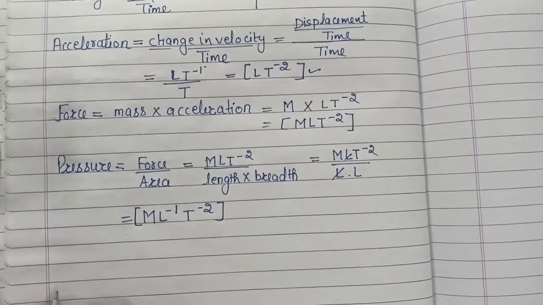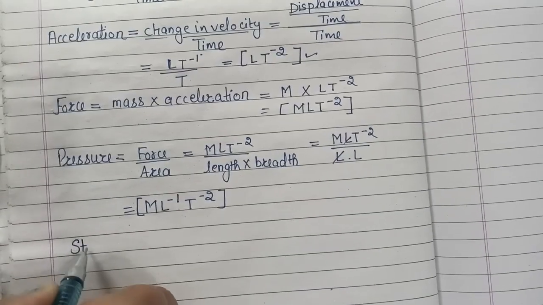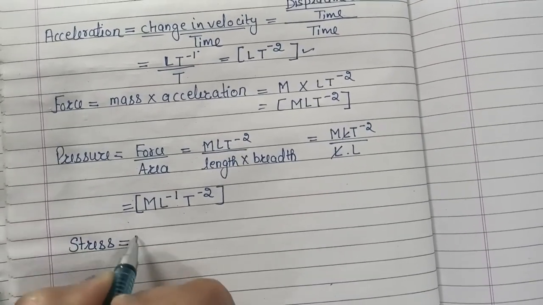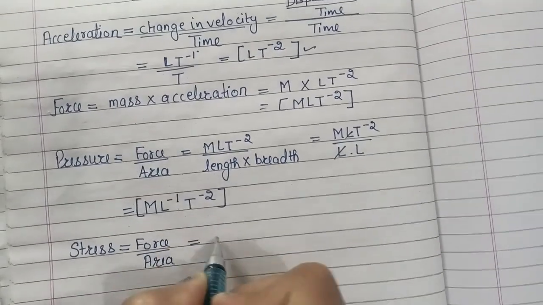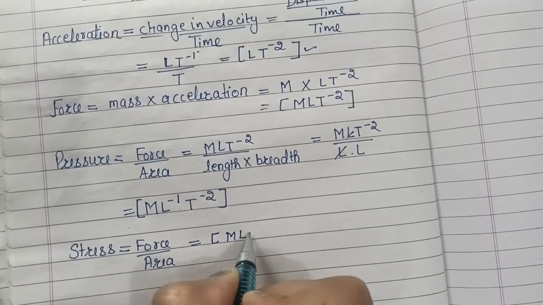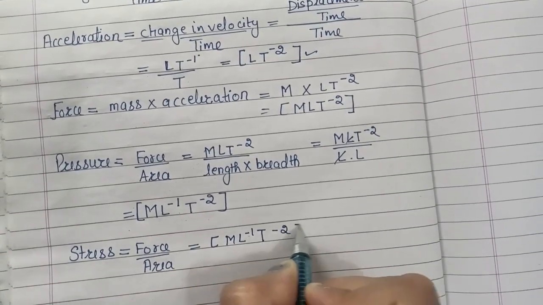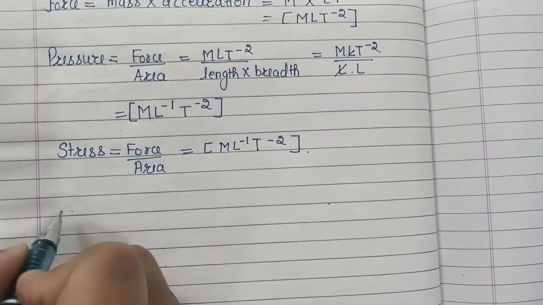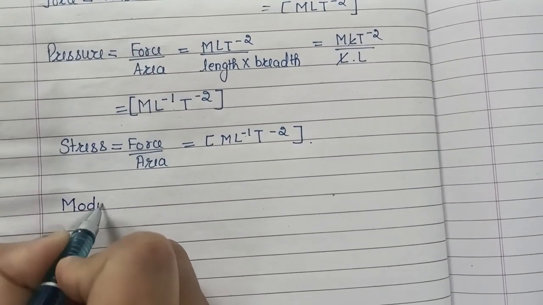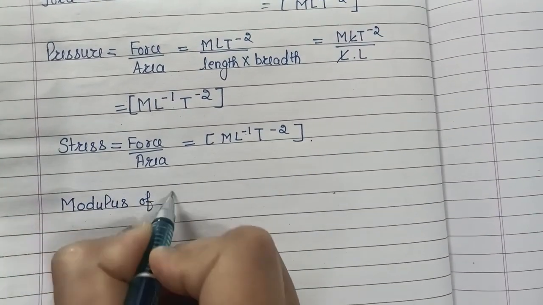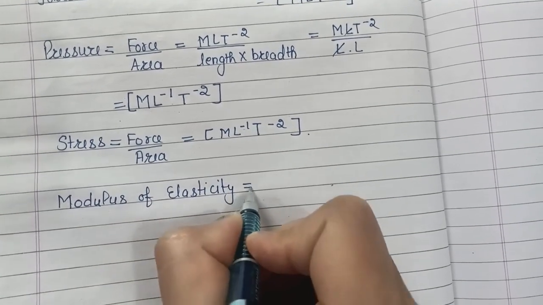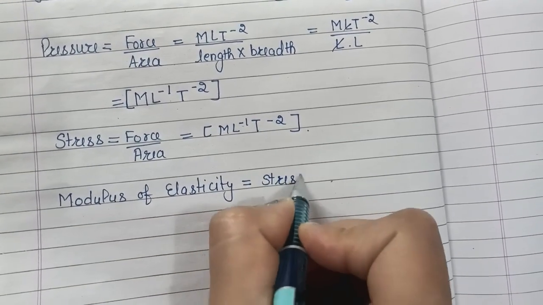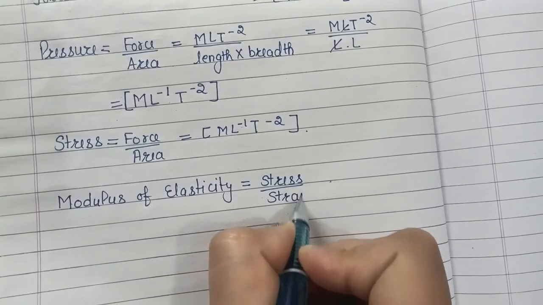And the next we are going to find is stress, that is equal to force upon area, the same dimensional formula as pressure, that is ML^-1T^-2. Next is modulus of elasticity, that is equal to stress upon strain.